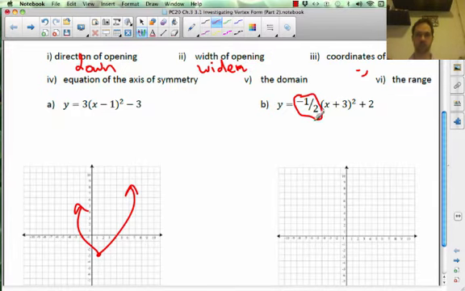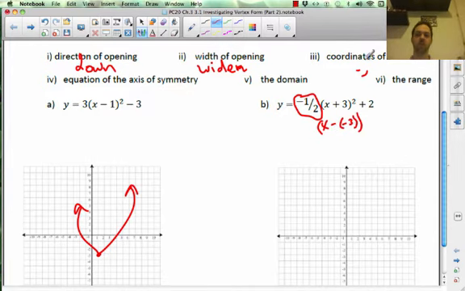Coordinates of the vertex. If there's not a minus sign here, you could either think about it as rewriting it with a minus and then take everything after the minus sign, just like we did here. We take whatever's after the minus sign, so it was positive 1. Here we take whatever's after the minus sign, so it would be minus 3.